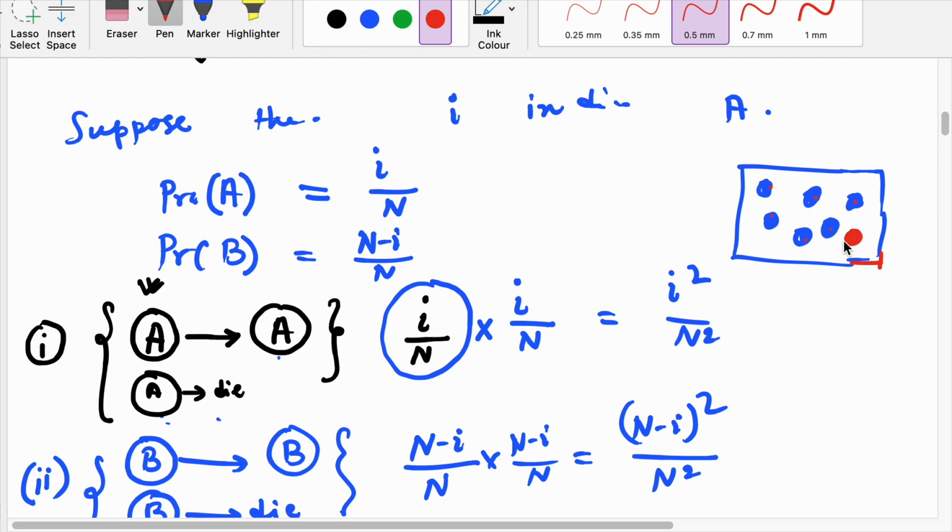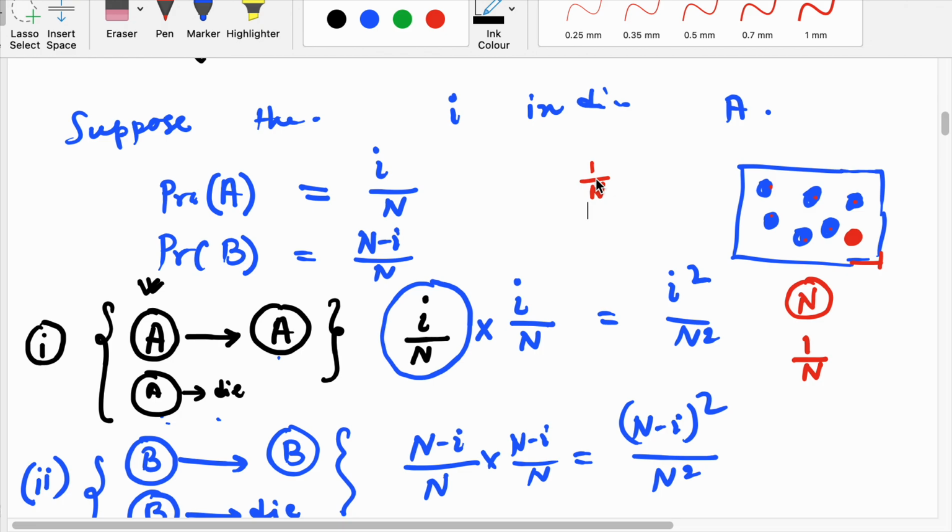If there are n individuals, then the chance of a particular red individual taking over the whole population should be 1 over n. From that we know that the fixation probability of a red individual among blue individuals is only 1 by n. And if there are I red individuals, everyone has the same chance to take over the whole population.